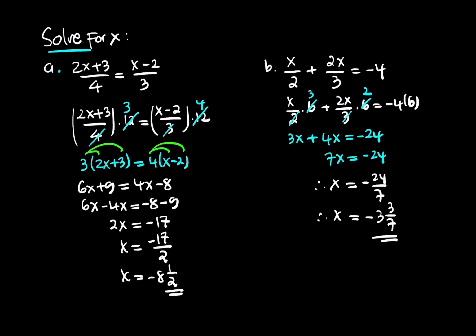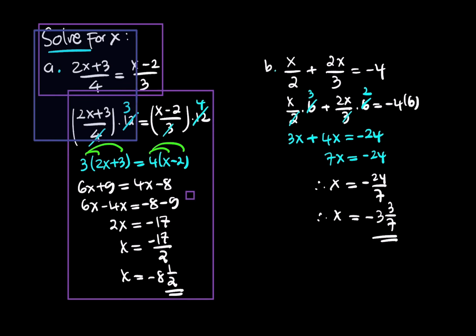Okay, let's do the rest of the questions. We have c here: (x + 1)/3 + (2x + 3)/2 = 4. Again, we can see that the denominators are 3 and 2, so the LCD can be 6.